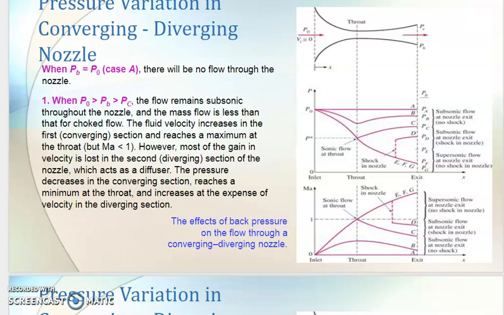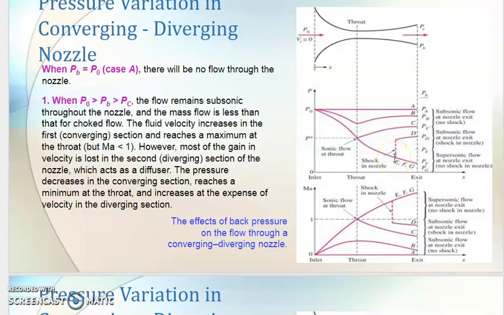Okay, now we talk about PD. PD is when the back pressure is high enough to produce what we call a shock. Okay. So P is reduced up until the critical value, and here you're going to achieve supersonic, but when the back pressure is high enough, this is what we call the shock.